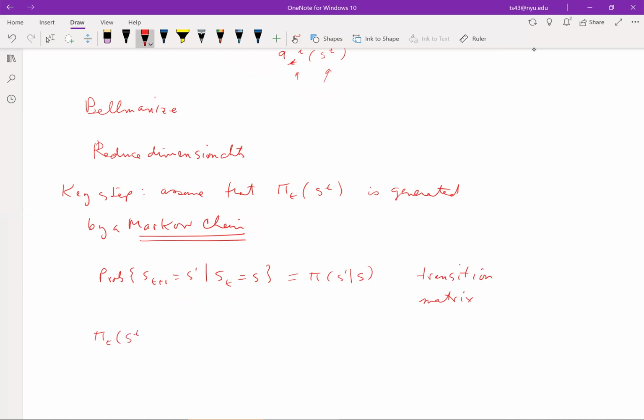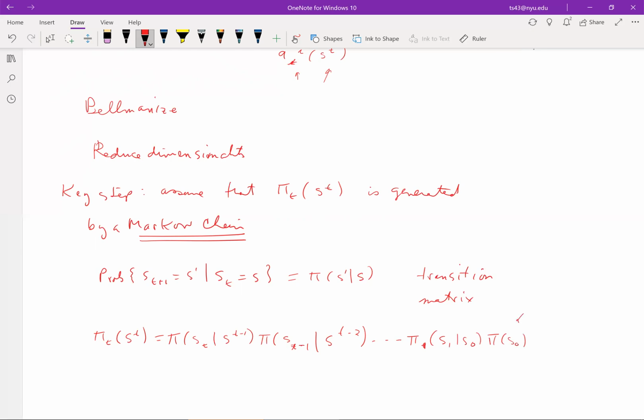You can always do this, without the Markov property, with our initial distribution.